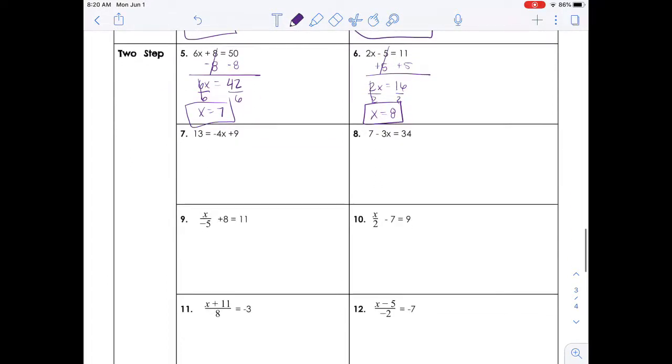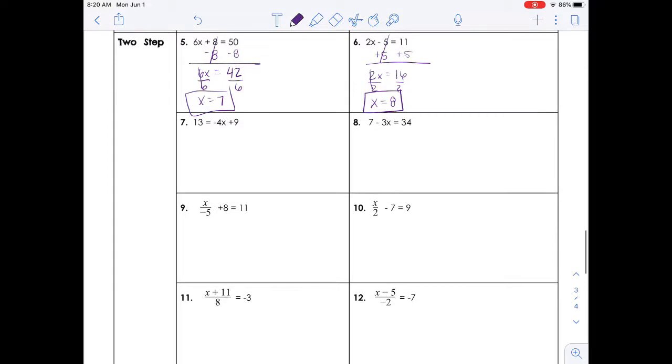But let's look at what happens when we have a fraction involved. So notice on number 9, we do have some addition. So we have to get rid of that first. So minus 8 on both sides, which gives us x over negative 5 equals 3. And guys, don't freak out when you see a fraction. This division bar just means that we're dividing.